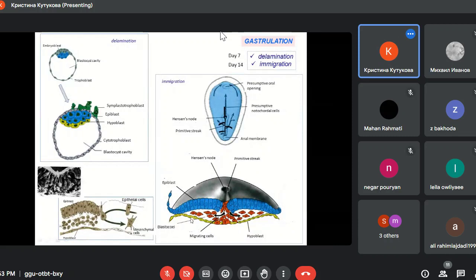Hypoblast is yellow here. So the migration process of cells of the epiblast between the epiblast and hypoblast is called immigration.